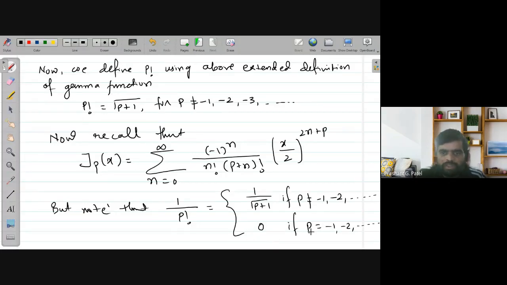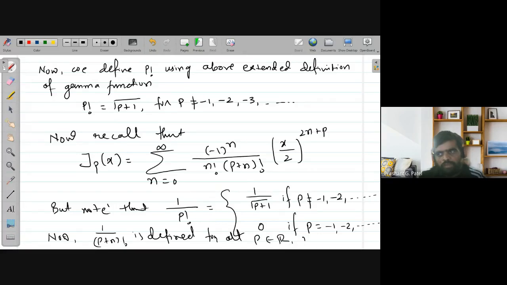So now we can define this for all p belongs to R and for all n belongs to the natural numbers. So now what we can write is that 1 upon p plus n factorial is defined for all p belongs to R and for all n belongs to N union the singleton 0.